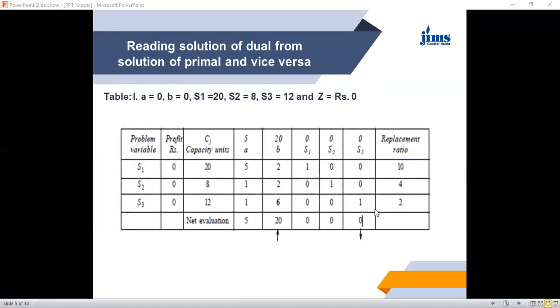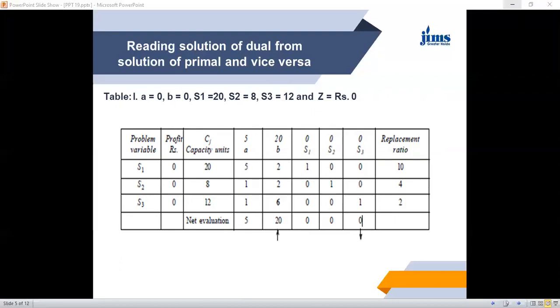Then we calculate the net evaluation row, which is simple because the basic coefficients are all 0: 5 minus 0 is 5, and 20 minus 0 is 20. You know that in a maximization problem, all the values in the net evaluation row, or Cj minus Zj row, or index row, should be either 0 or negative.